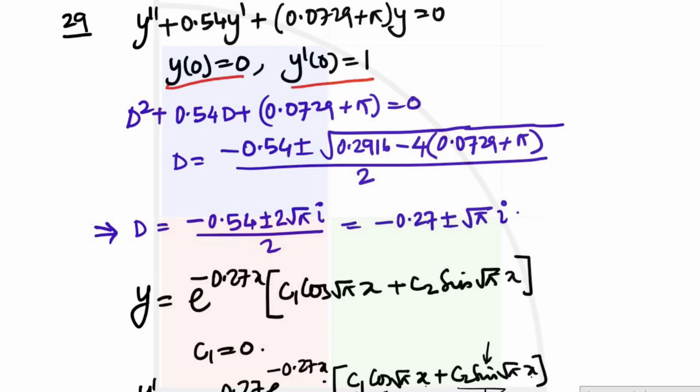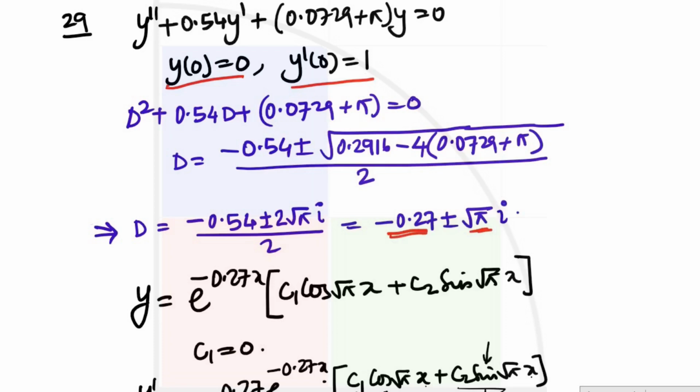So when we make the auxiliary equation and solve this quadratic equation for D, we will have a complex root with both real and imaginary parts.